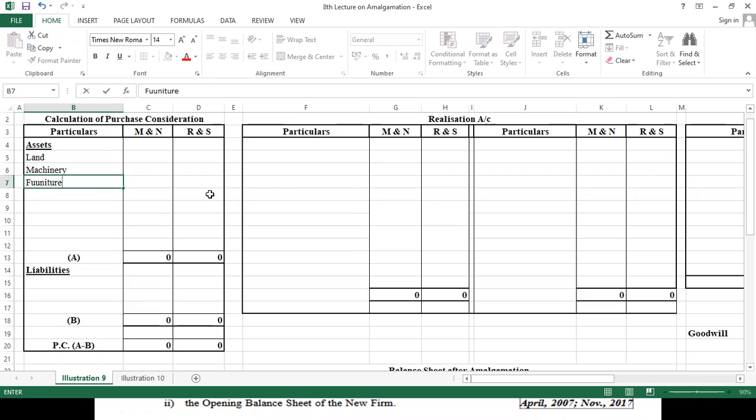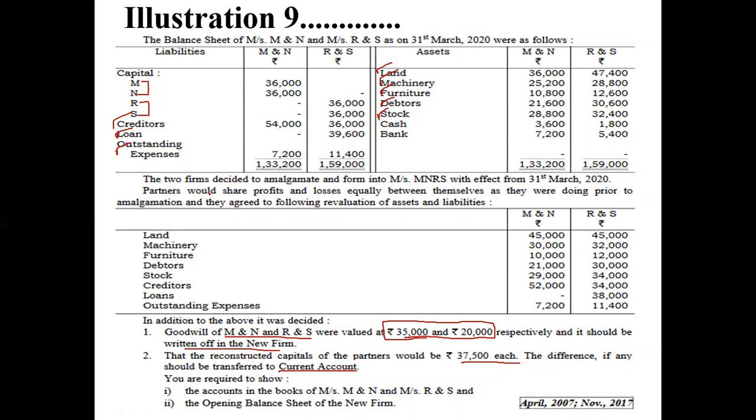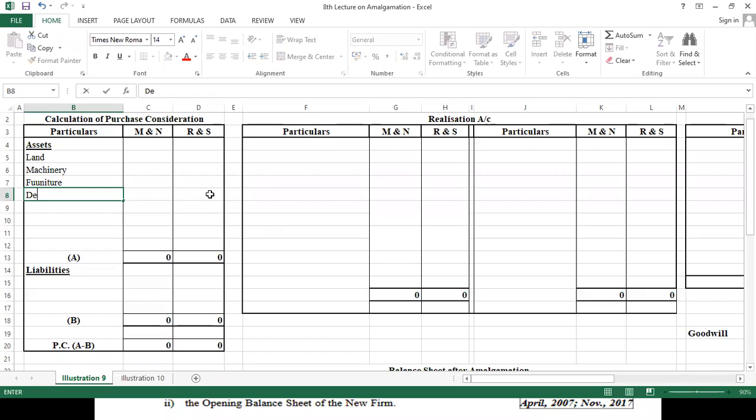Then we have debtors, stock, cash, bank, and one last item we have to take is goodwill. And on the liability side, we have three liabilities: creditors, loan, and outstanding expenses.